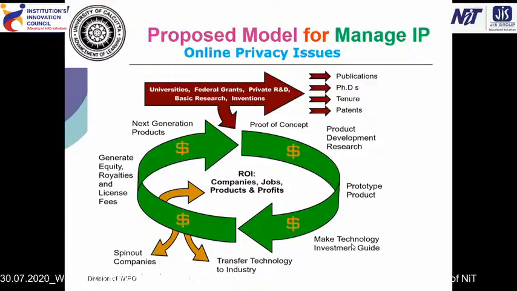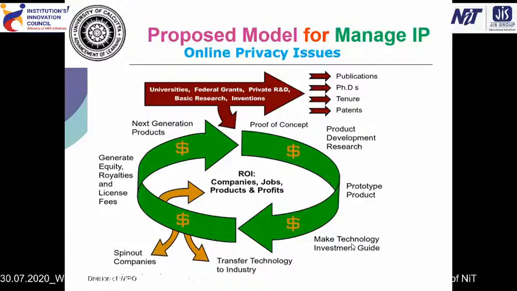This is our ROI, complex and massive. This is the job in a cyclic order. This generates equity, royalties, and license fees, next generation products, and spin-out companies. This is technology transfer. It is a bi-directional system in cyclic order. It may rotate and be available from the web when you want.